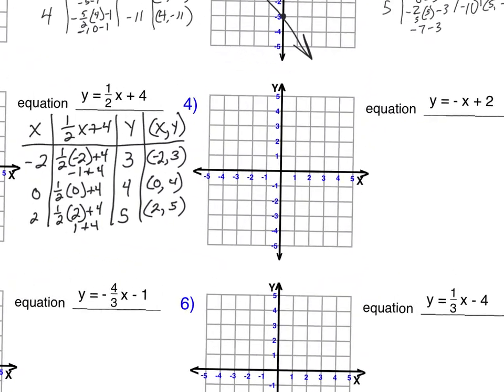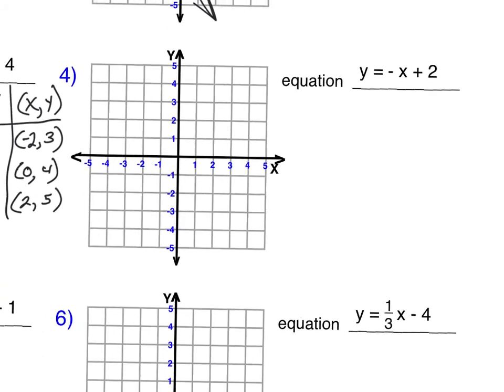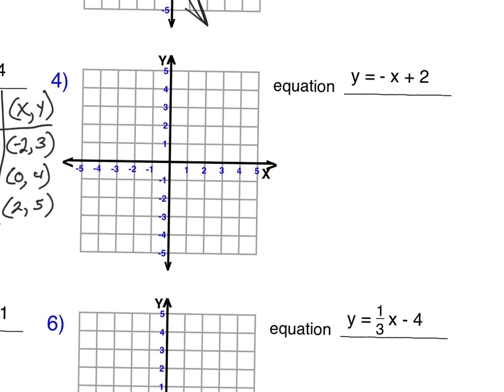All right, number 4. And again, you can pause and restart this video as many times as you need to. Number 4. So we are going x. What's happening to the x?